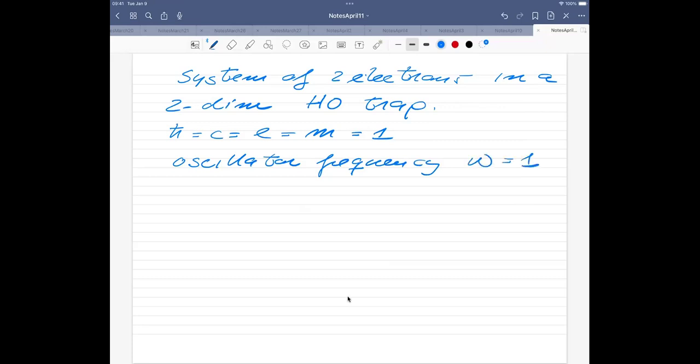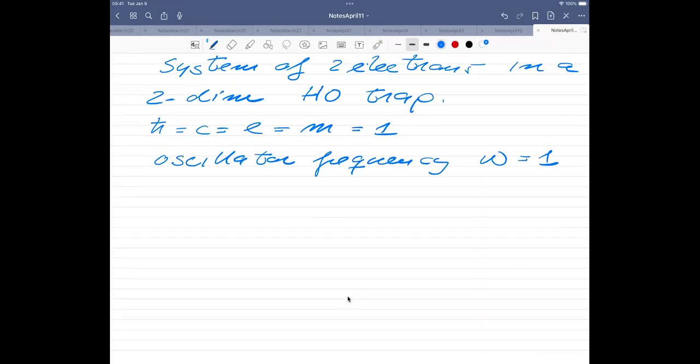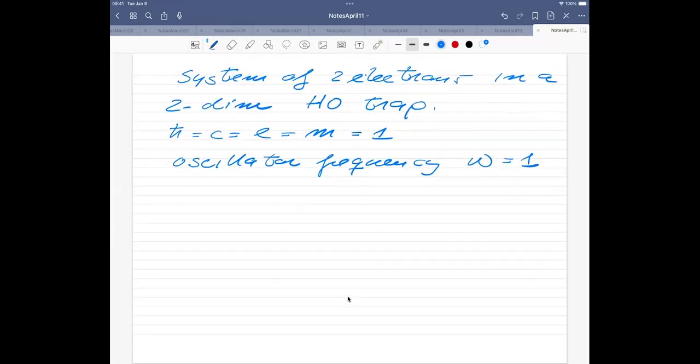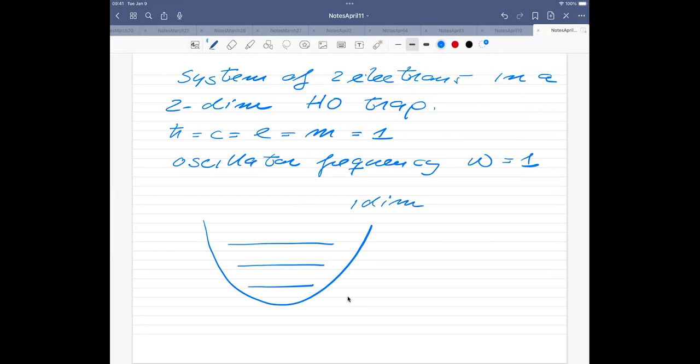So that means that the ground state energy, so you could now think of this as a system of two electrons. And when we now look at the harmonic oscillator energies, which we have, we are going to have to be a little bit careful now. So in 1 dimension, we know that the energy is just a quantity which depends on the quantum number n.